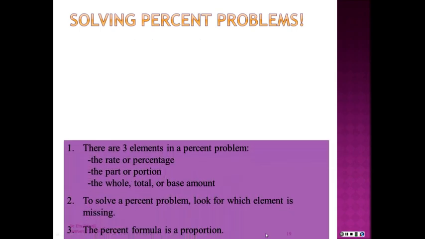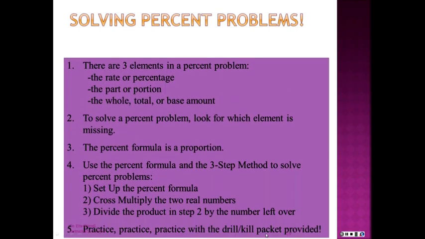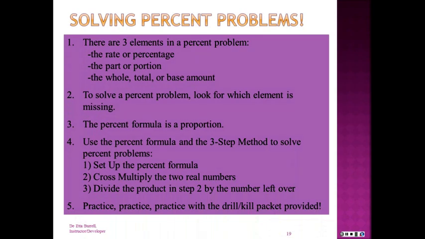Okay, let's review. There are 3 elements in a percent problem: the rate or percentage, the part or portion, and the whole, total, or base amount. To solve percent problems, look for the element that's missing. The percent formula is a beautiful proportion.